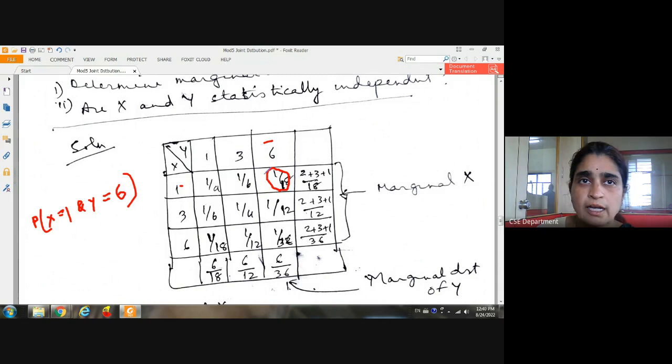So total number of values is 3 into 3, 9 different values. What are the different values? X equal to 1, y equal to 1. X equal to 1, y equal to 3. X equal to 1, y equal to 6. X equal to 3, y equal to 1. You get 9 cells. 9 possibilities are there.